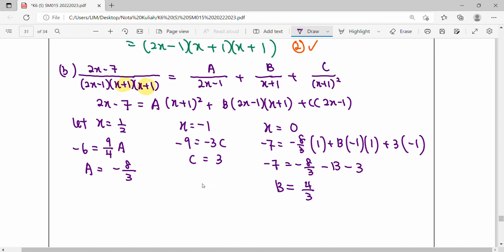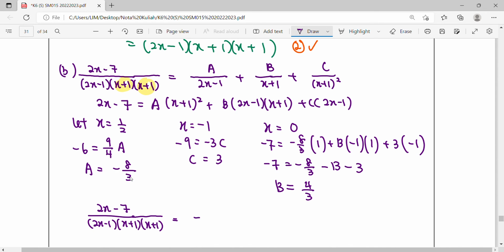So finally, substitute into the fractions here. A is negative 8 over 3.